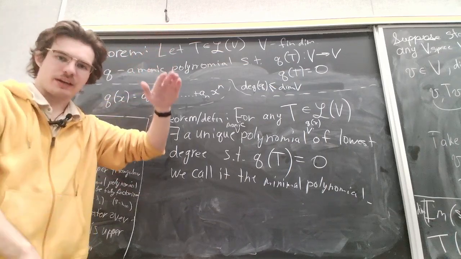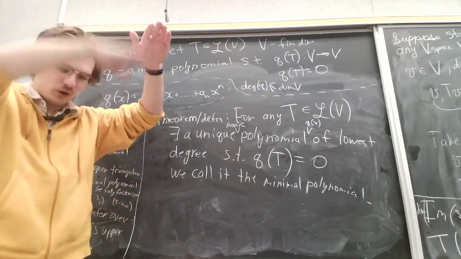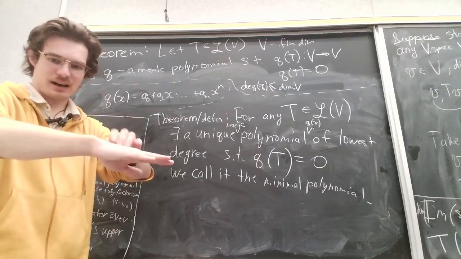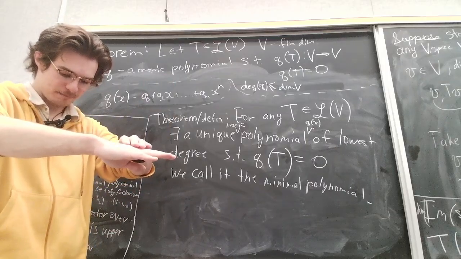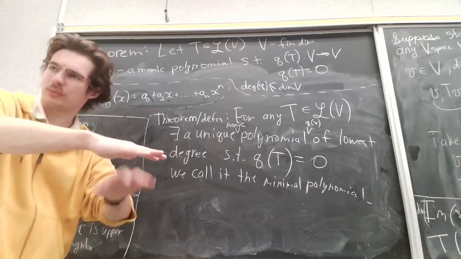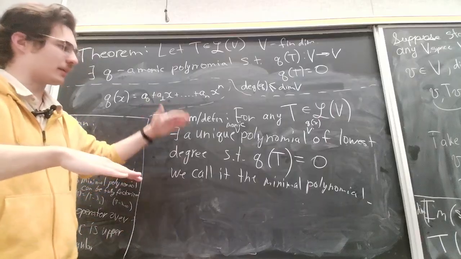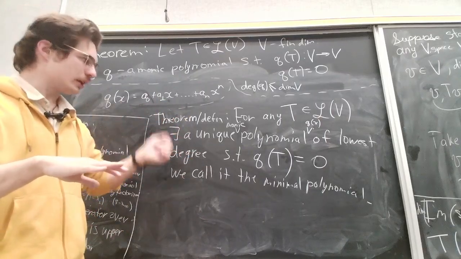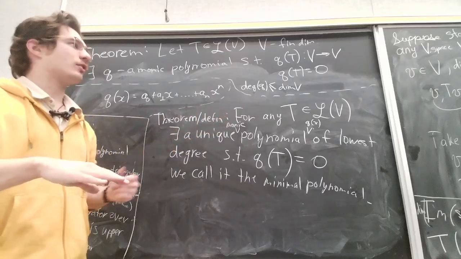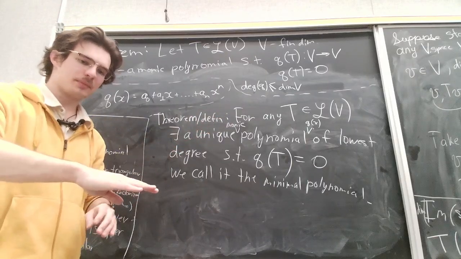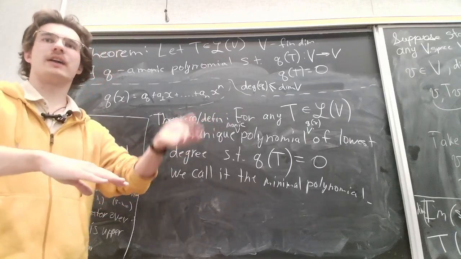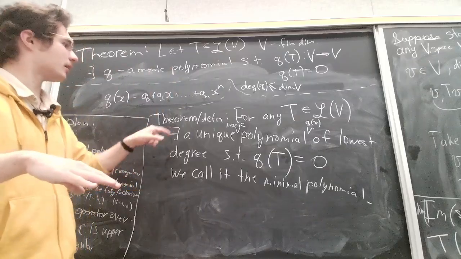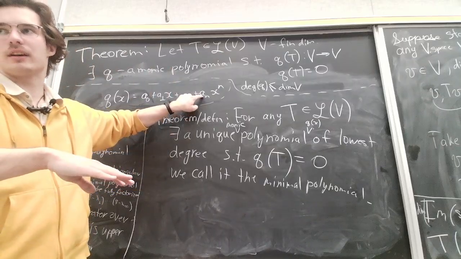You go to the lowest degree, such that after it there are no polynomials like it. So you know that there is something of lowest degree. And then you just have to show that there is a unique monic one. You can make it monic by dividing out by the highest coefficient.